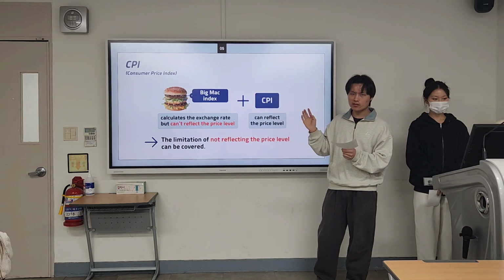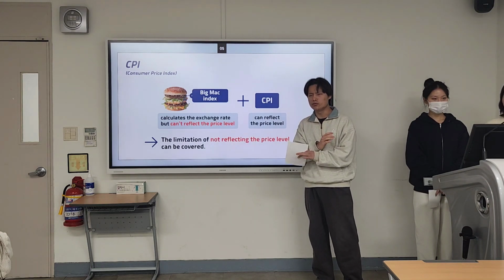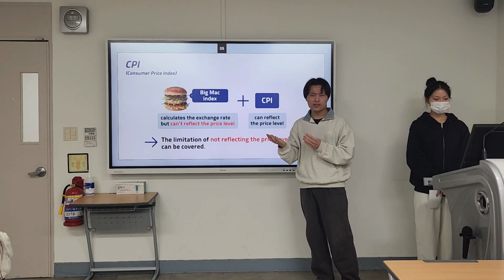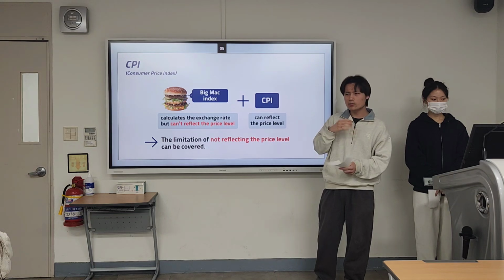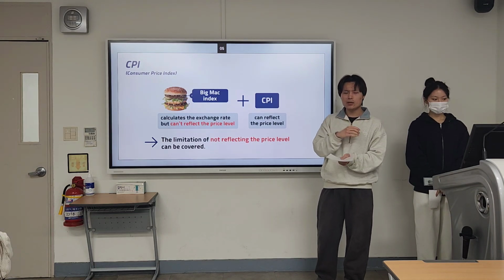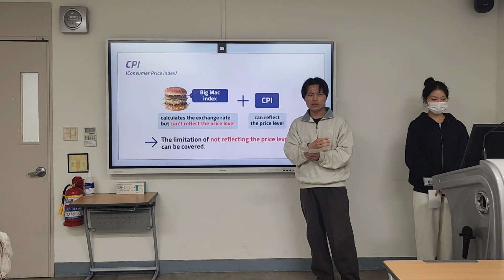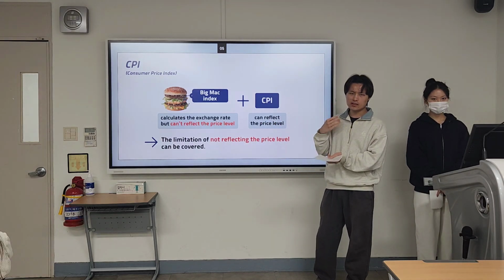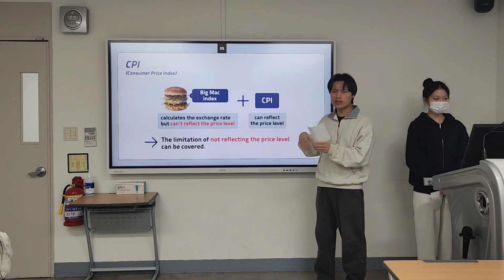The Big Mac Index considers the Big Mac price only, which is not enough to reflect the price level. On the other hand, CPI can show the fluctuation and pragmatic price level by analyzing consumption in several categories. So the Big Mac Index can calculate the exchange rate more accurately with the CPI to reflect the price level.